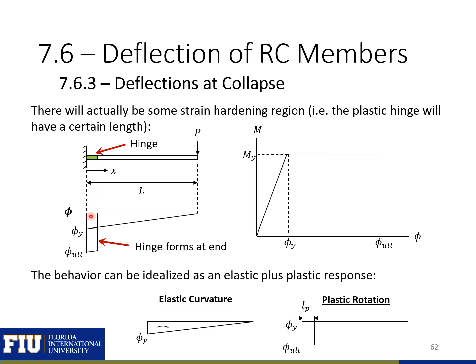We can then idealize this behavior as an elastic response, which just takes us up to our yield curvature at the end, plus a plastic response, which is shown here with this rectangle, with its height being the difference between the ultimate and the yield, and the length being the length of our plastic hinge.